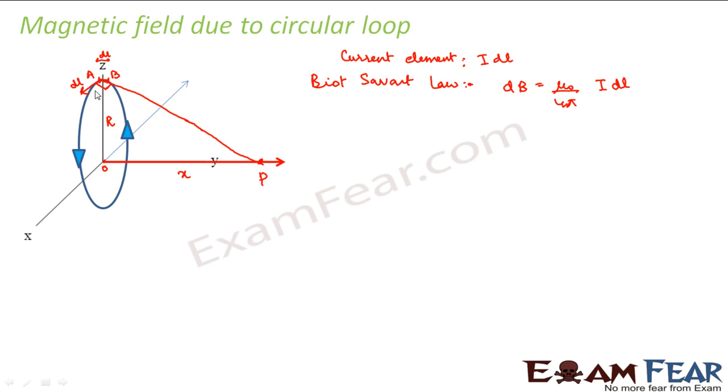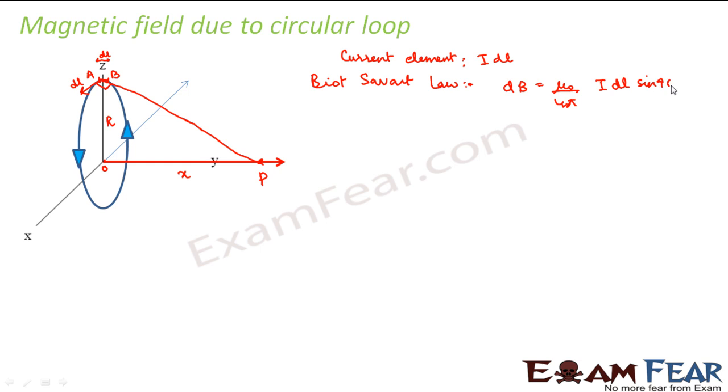If you consider a small element, say dl, the direction of that dl will be tangential to the loop. Now if you consider another point P which is not lying in the plane of the loop, then the line joining the point P and the small element dl will be perpendicular to each other. So in this case, your theta will be 90 degree.